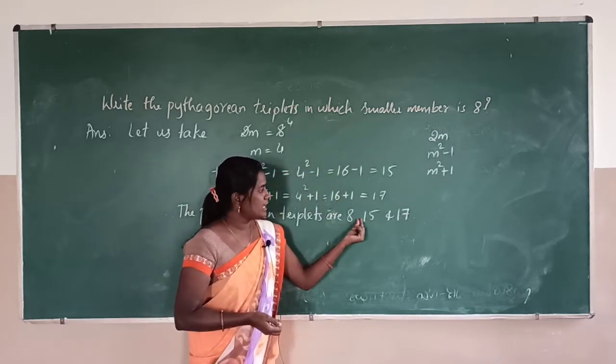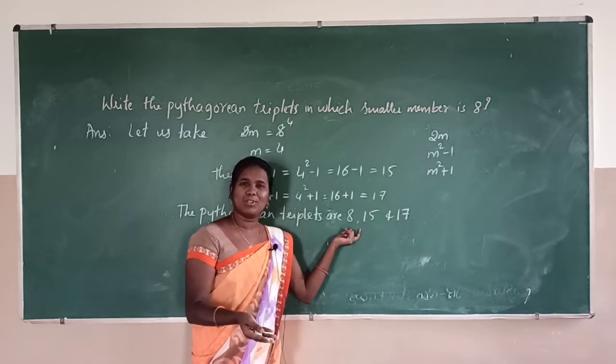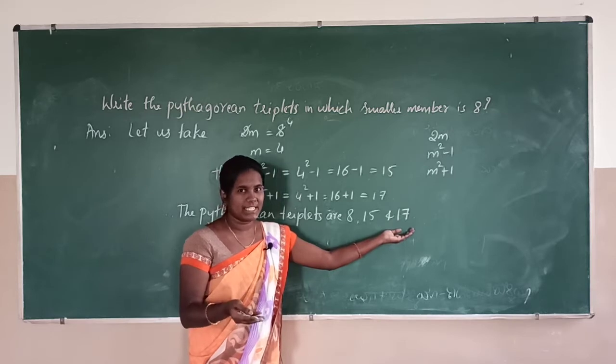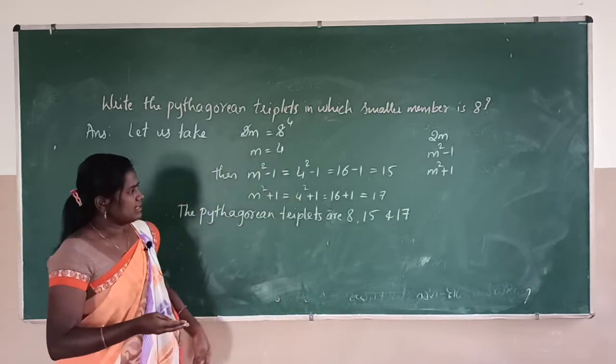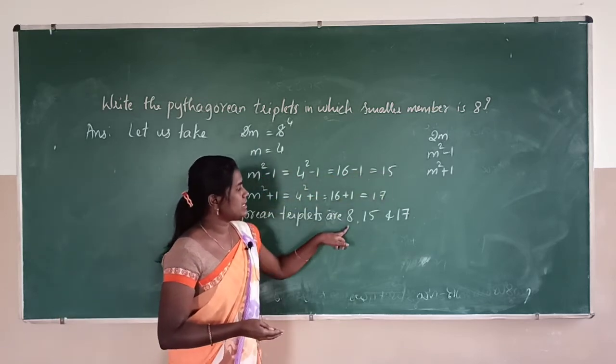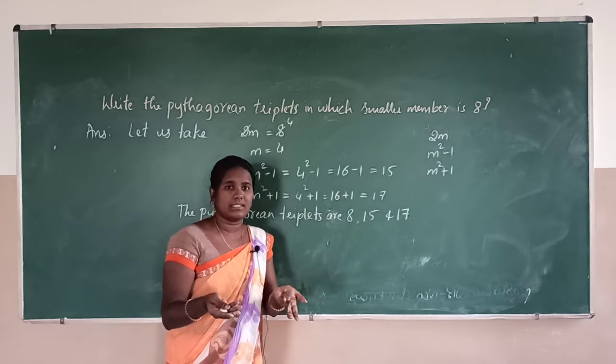When we compare 8 with 15 and 17, which one is smaller? Yes, of course, 8 is smaller. So this is the correct Pythagorean triplet. Are you getting? Yes. In this, you can consider directly m square minus 1 as 8 also. That step is given in your textbook. You can consider like that also.